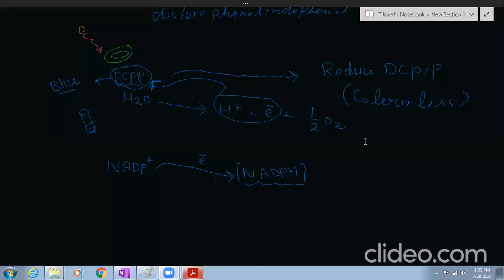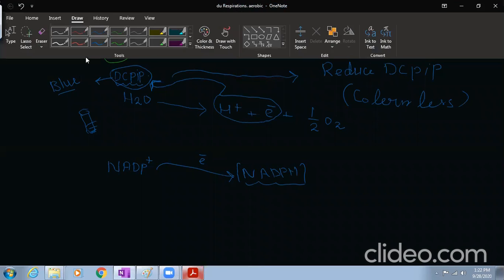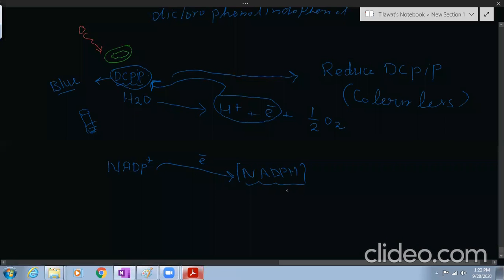So this NADPH in photosynthesis will move toward the dark reaction. In the dark reaction, it will be utilized for the fixation of carbon dioxide.